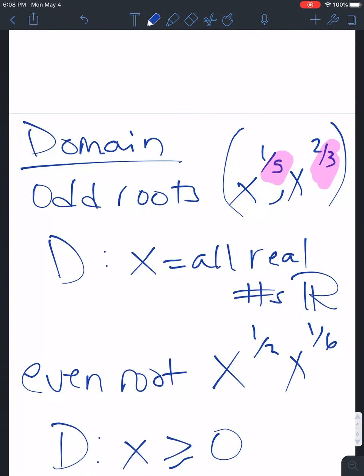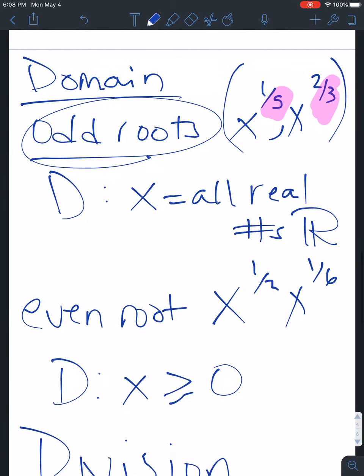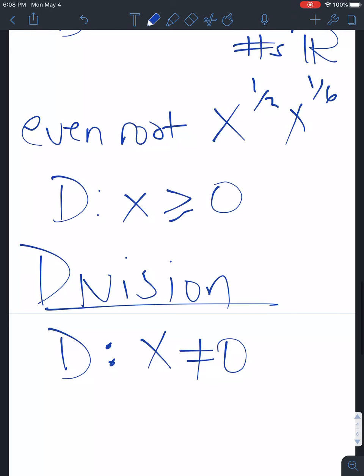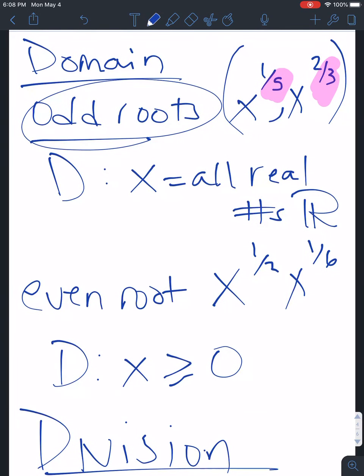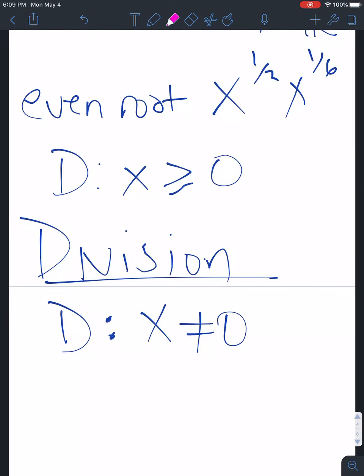So if you have a division problem with an odd root, instead of saying x is all real numbers, you'd say x doesn't equal 0 because you cannot divide by 0. If you had an even root, instead of saying that the domain is greater than or equal to 0, you just say greater than 0, because then it can't be equal to 0. All right? So that's all you have to remember for your domain.